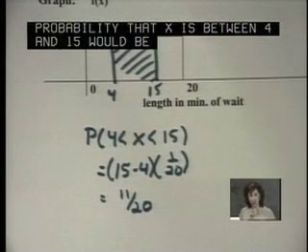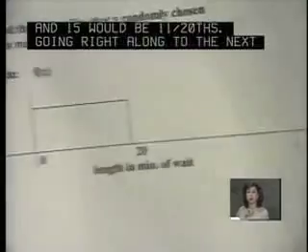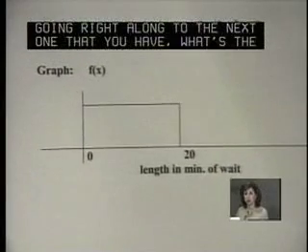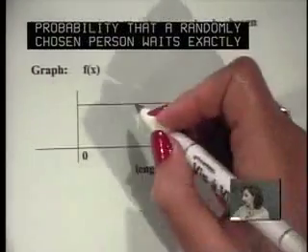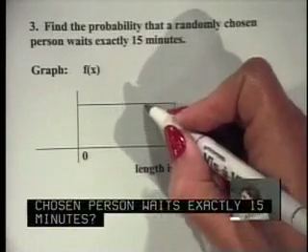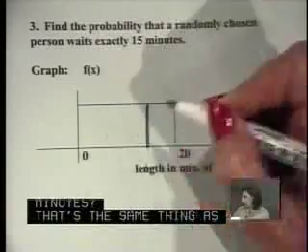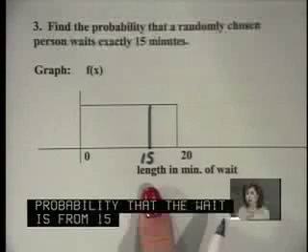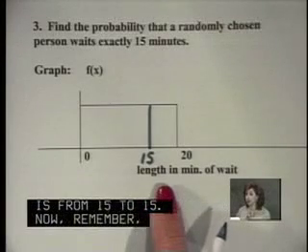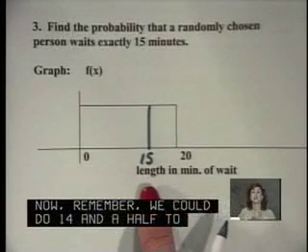Going right along to the next one that you have. What's the probability that a randomly chosen person waits exactly 15 minutes? That's the same thing as saying, what's the probability that the wait is from 15 to 15? Now remember, we could do 14.5 to 15.5, rounding to the nearest minute.